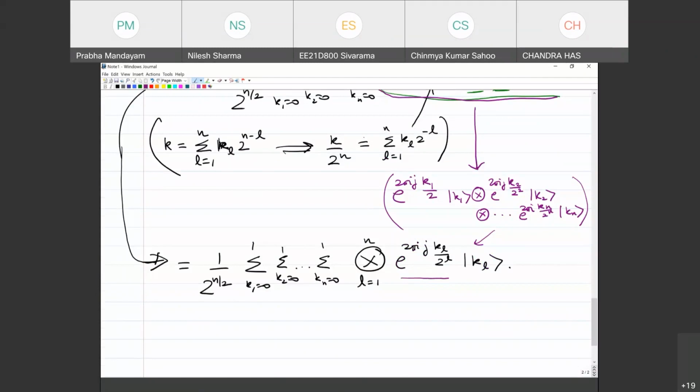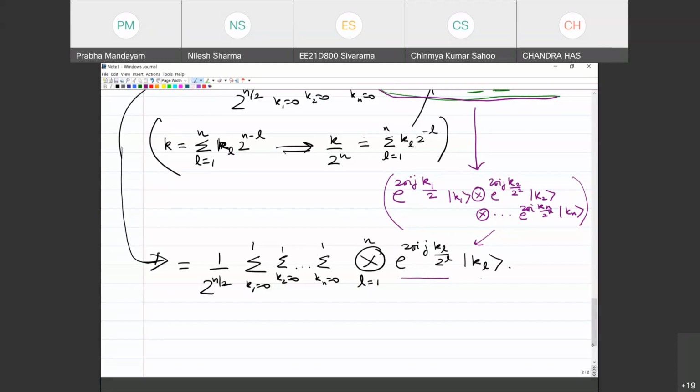So look at kl, for example, which is the lth term in the tensor product. If kl is 0, this is ket 0, and there's no phase. If kl is 1, the phase is j over 2 to the l. Is that clear?